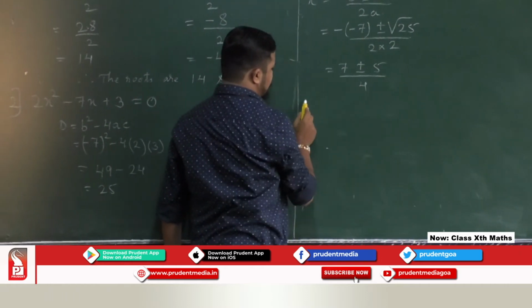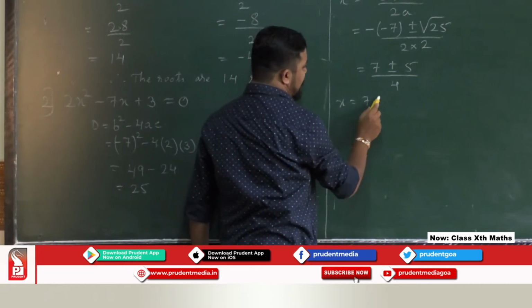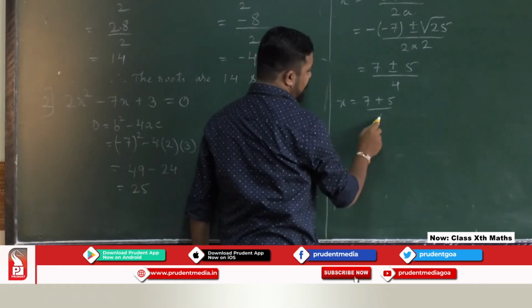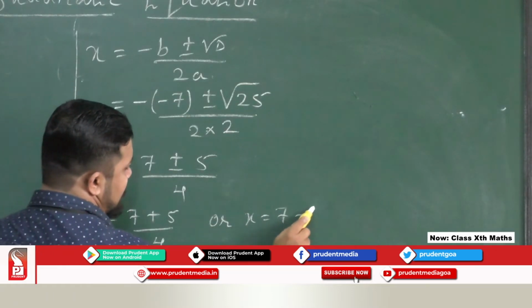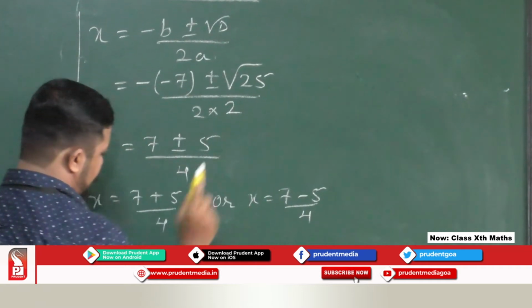So x equals 7 plus 5 by 4 or 7 minus 5 by 4.